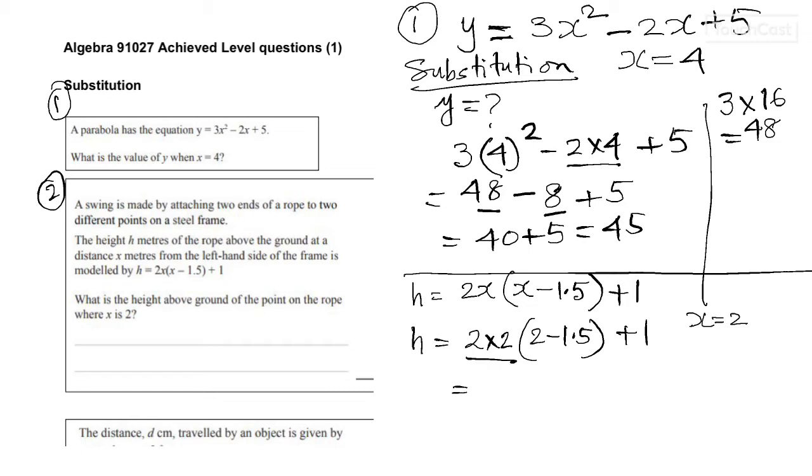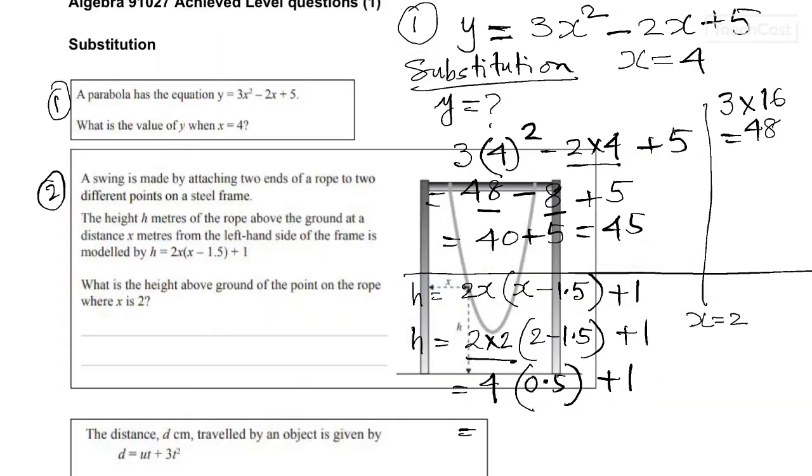First of all you have to do the multiplication, so the application of BODMAS is the most important thing. 2 minus 1.5 is 0.5, and 0.5 is half.